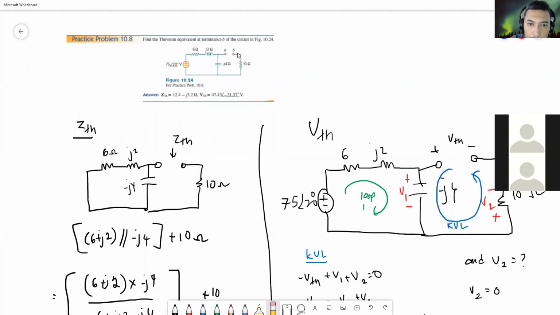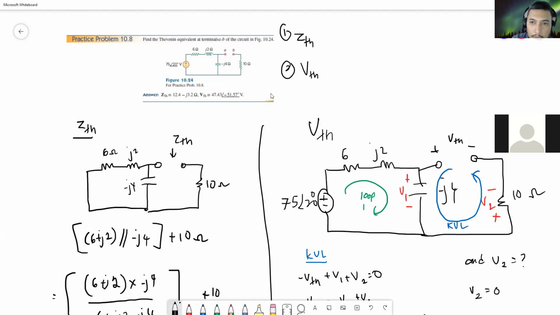The Thevenin equivalent means you need to calculate two parameters. The first one is the Z Thevenin, the impedance Thevenin, and the second one is the voltage source Thevenin.